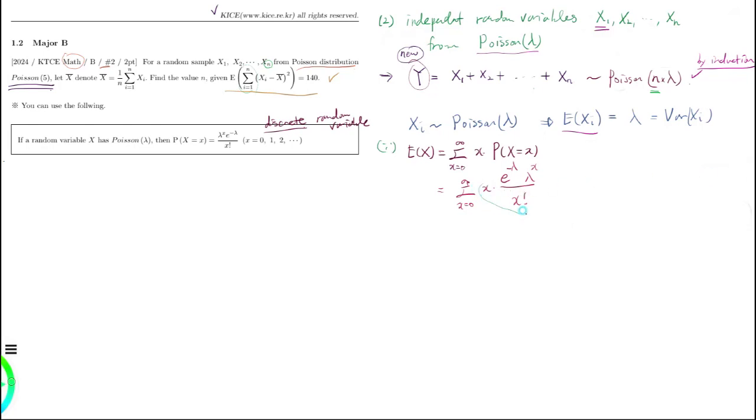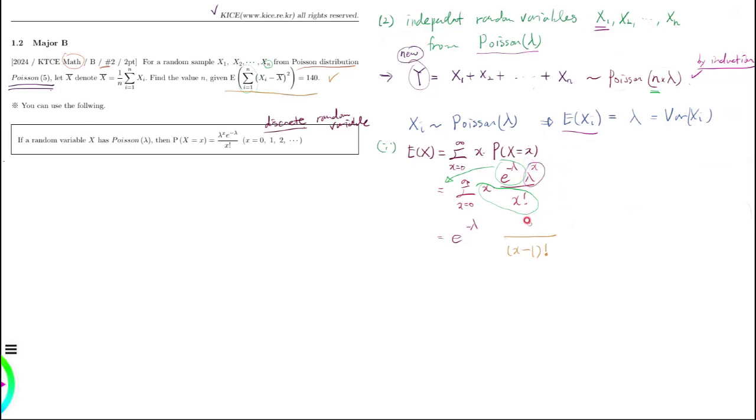And you will have, I can take out this e to the minus lambda term here, and then x over x factorial. x is cancelled out, so this will give us x minus 1 factorial here.